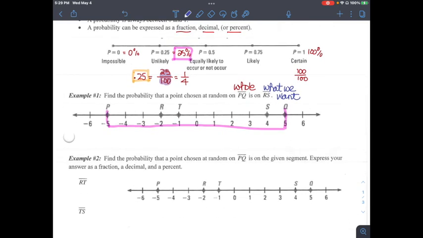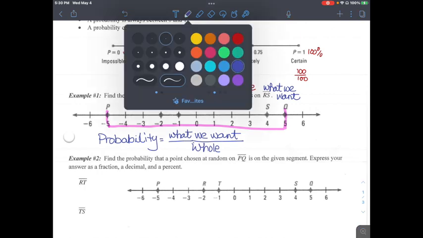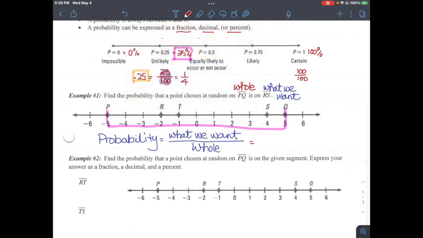So the probability formula is what we want, in this case RS, over the whole thing, PQ. We are just going to count the numbers. PQ on the bottom is going to be the spacing, so we're counting the spaces. From -5 to -4 is 1, 2, 3, 4, 5, 6, 7, 8, 9, 10. So 10 is the whole thing on the bottom.